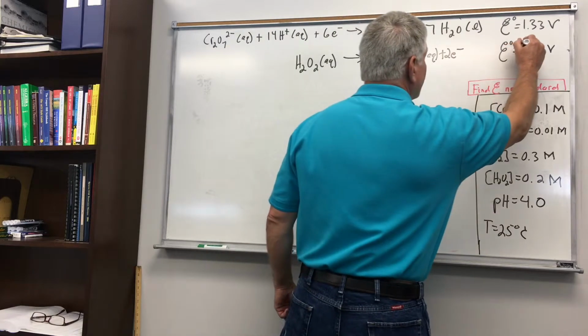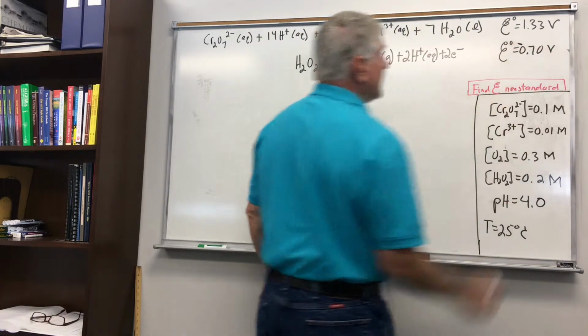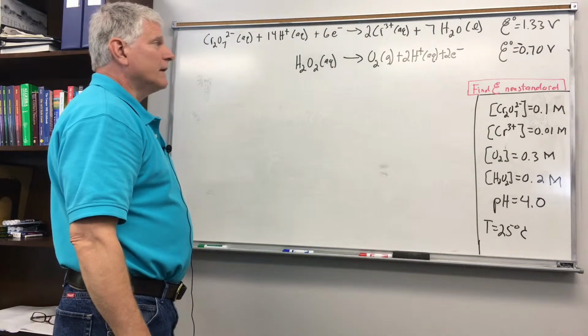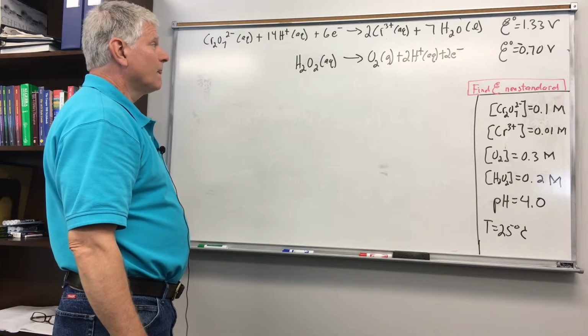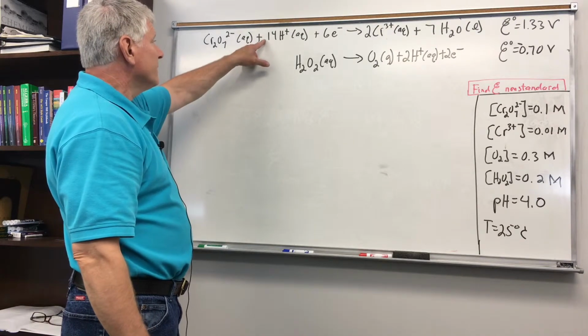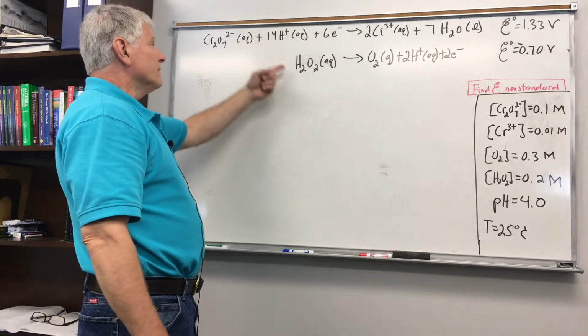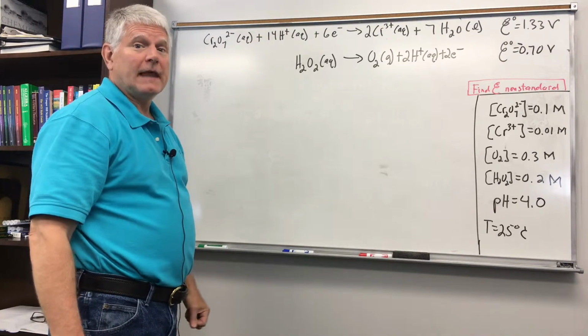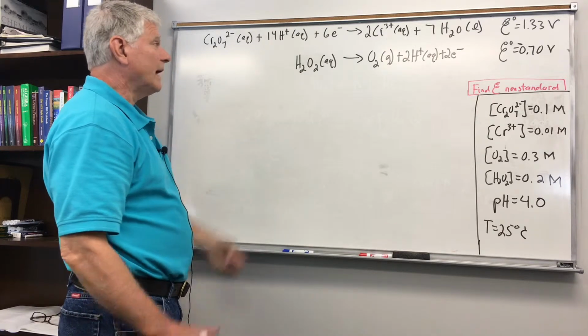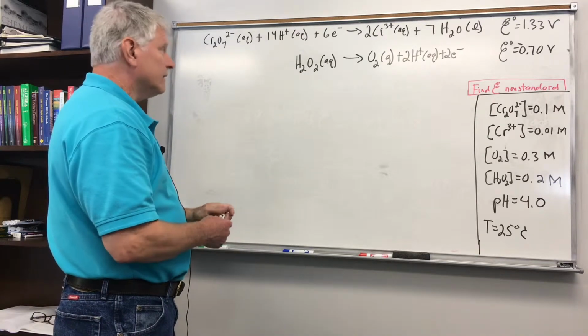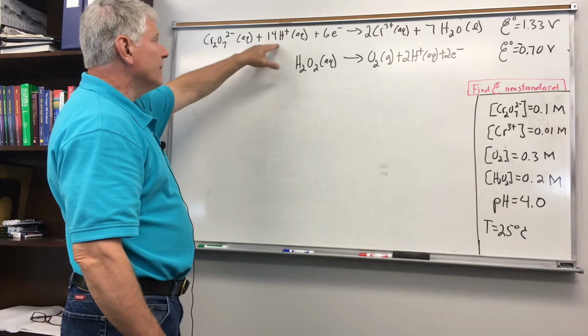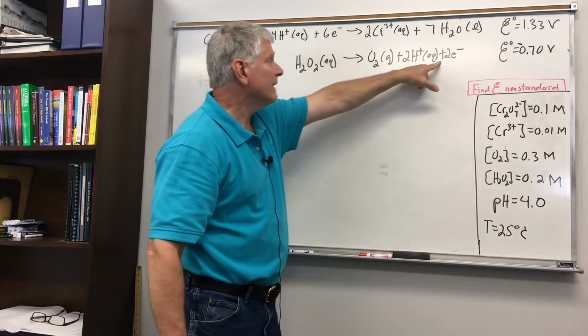And if I write it in reverse, I've got to change the sign for the half cell potential. Okay, so now I have a reduction and an oxidation. They come balanced from the table, so I don't have to balance the reaction. All I have to do is make sure when I add them that the electrons cancel.